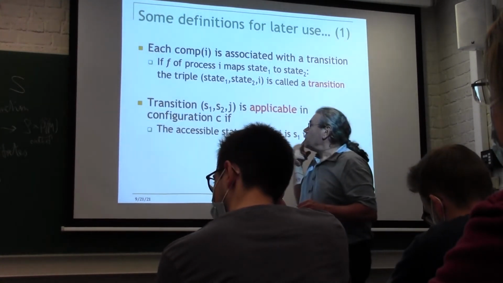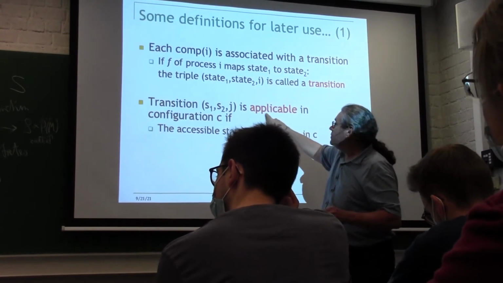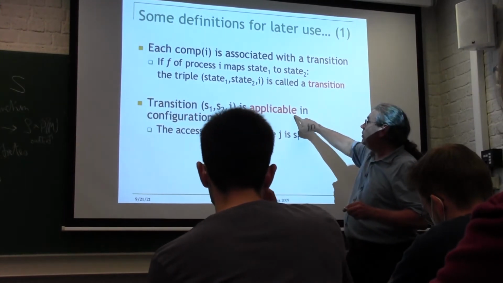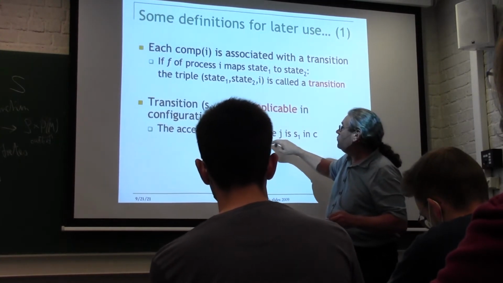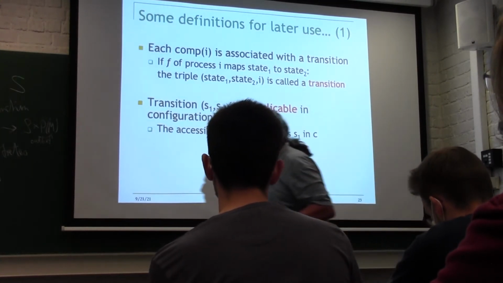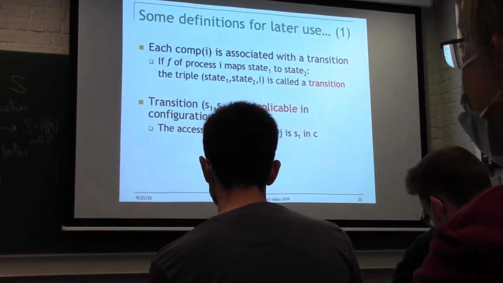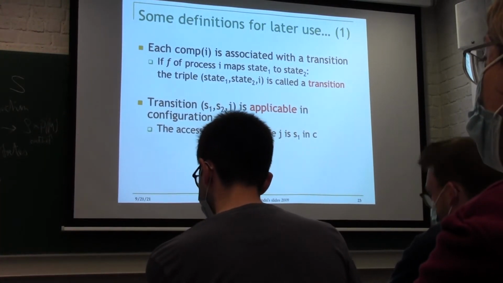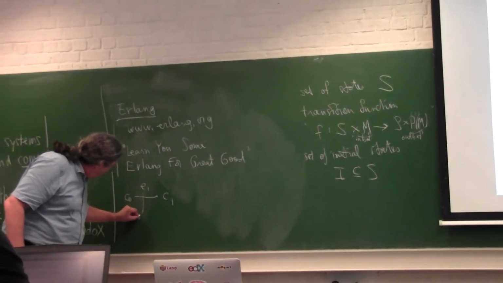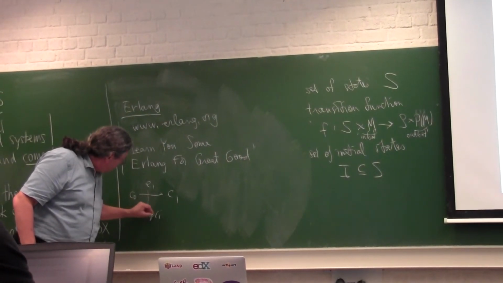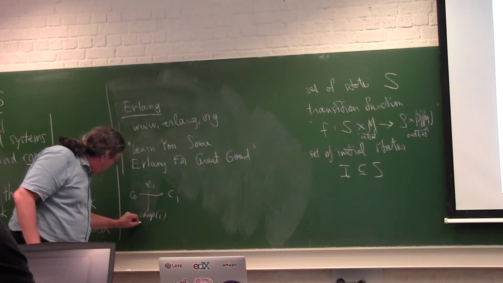And there's also some notation. We say the transition is applicable in configuration C if the accessible state of node J is S1. So basically what that means is, it's actually a very simple idea. So if this is a comp event, comp I, there's some transition.